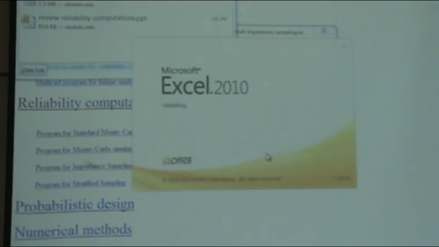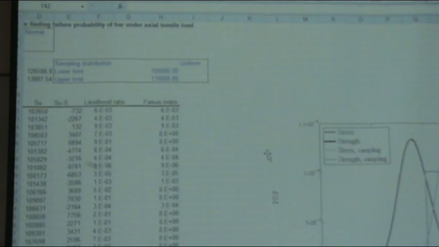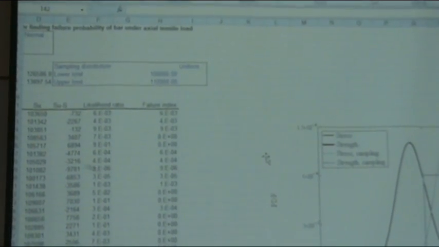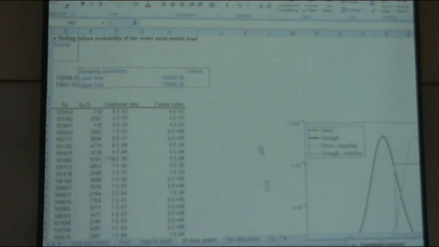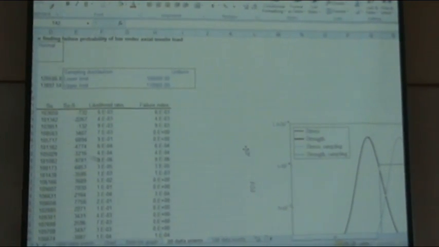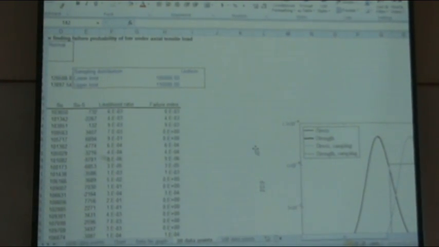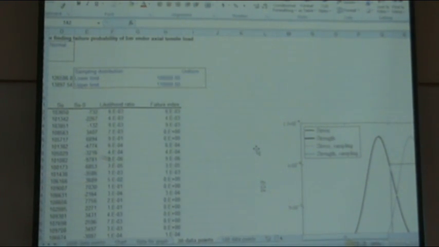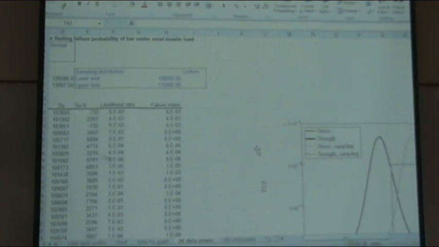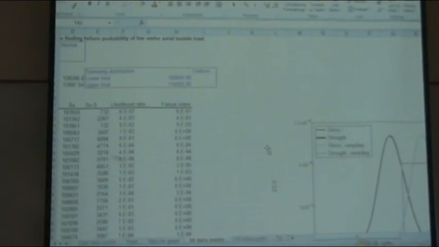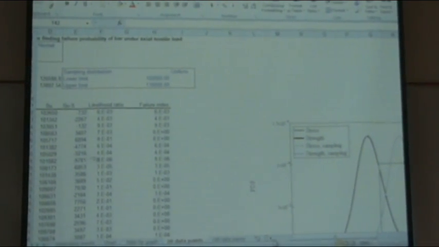Let's see another spreadsheet. This is when we do importance sampling.